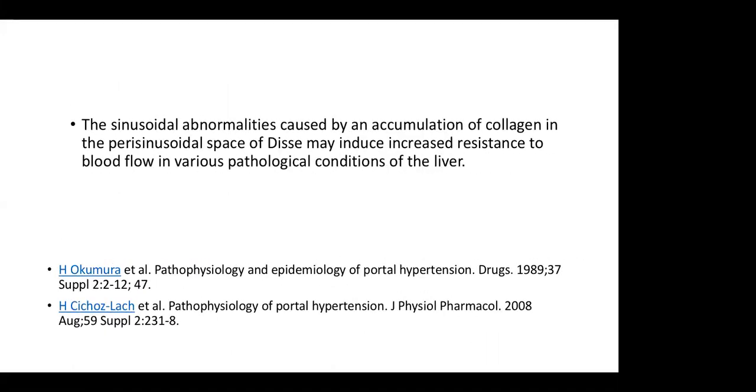The sinusoidal abnormalities caused by accumulation of collagen in the perisinusoidal space of Disse may induce increased resistance to blood flow in various pathological conditions of the liver.